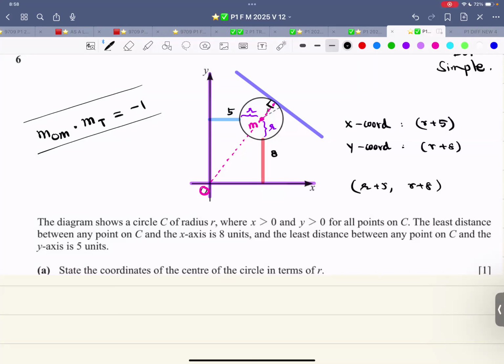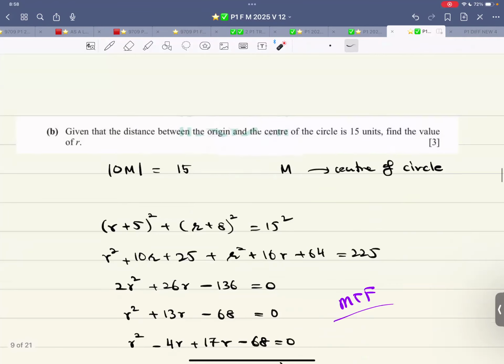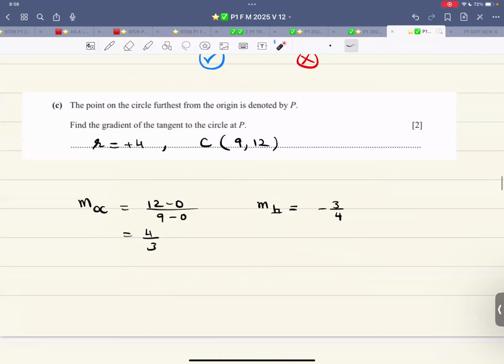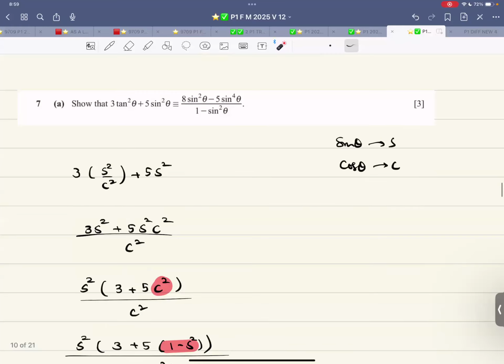Because the radius is perpendicular to the tangent, OM all the way till here, that is the radius. That is the logic that's applied. So just find the gradient of these 2 points, and there is no other point as such. So the gradient of the perpendicular should be -3/4. So the circle question is done.